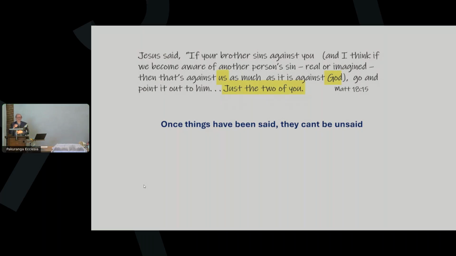And he said, you go and talk to them, just the two of you. He didn't say, tell the world. Because once things have been put out there, once they've been said, they cannot be unsaid. We will always remember them.